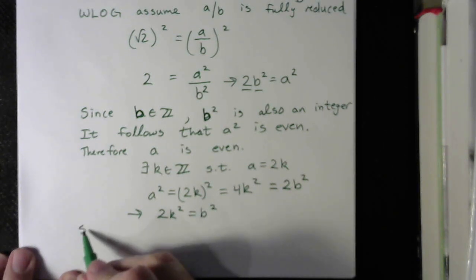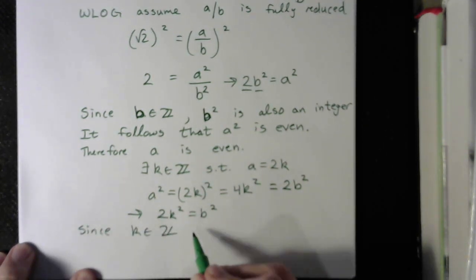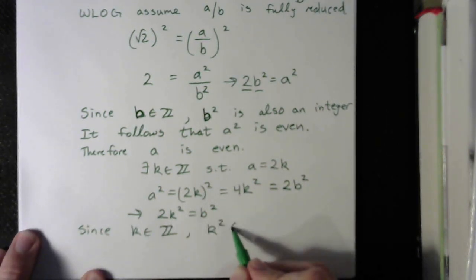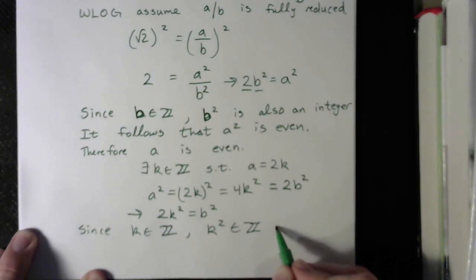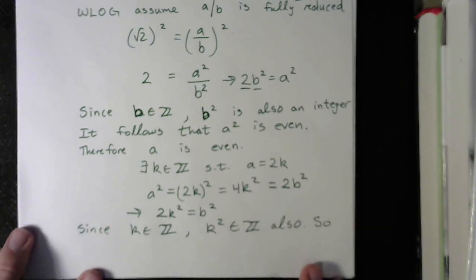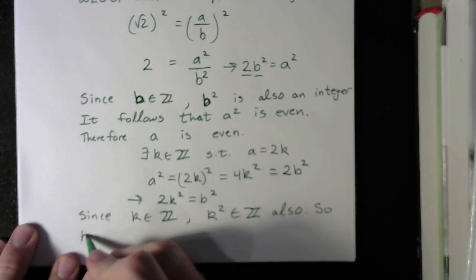And again, since k is an integer, k squared is an integer also. So that means that now we have that b squared is even.